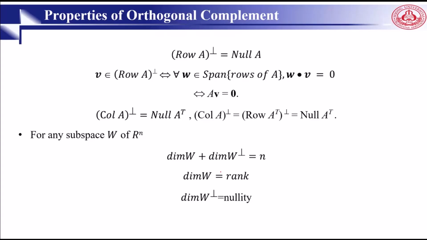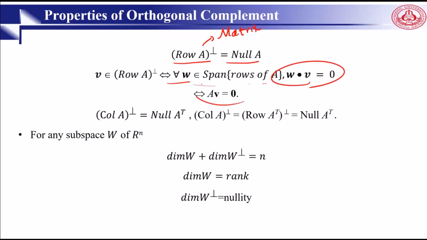Now we are ready to study the properties related to matrix and subspace orthogonality. For any matrix A, the orthogonal complement of the row space of A is equal to the null space of matrix A. If v is in the perp of row A, then for all w in the row space of A, the dot product of w and v is equal to 0.